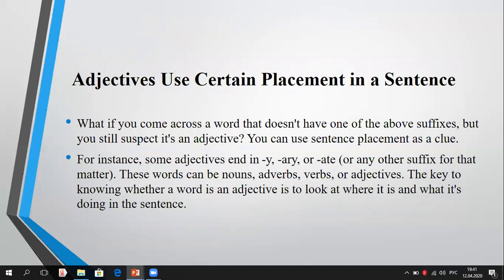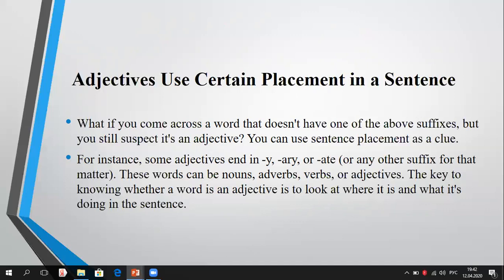Adjectives use certain placement in a sentence. What if you come across a word that doesn't have one of the above suffixes, but you still suspect it's an adjective? You can use sentence placement as a clue. For instance, some adjectives end in y or u, or any other suffix for that matter.